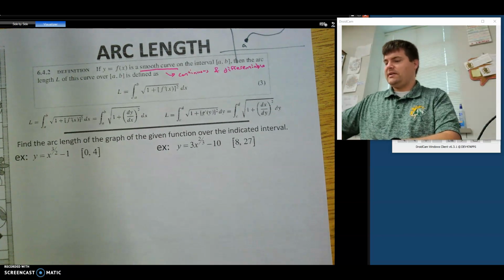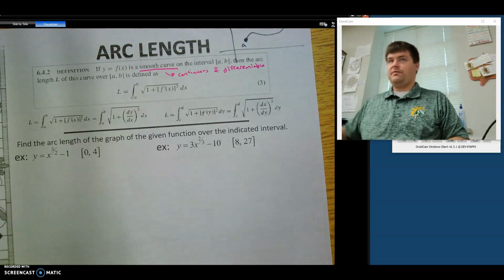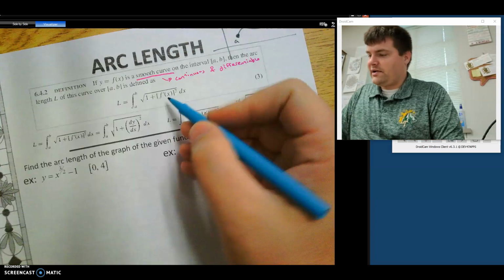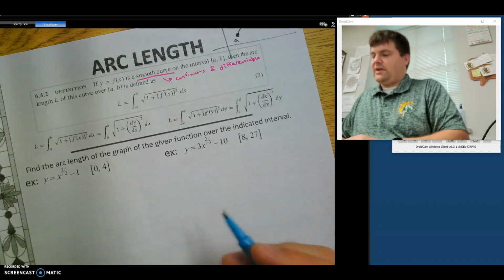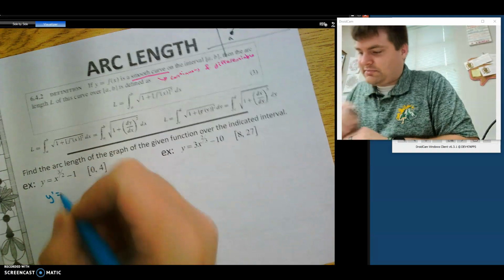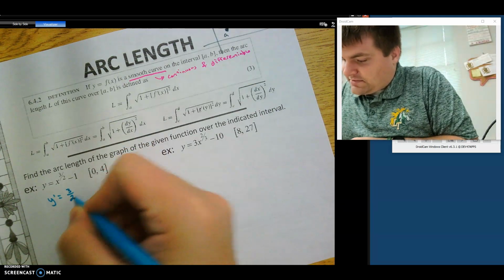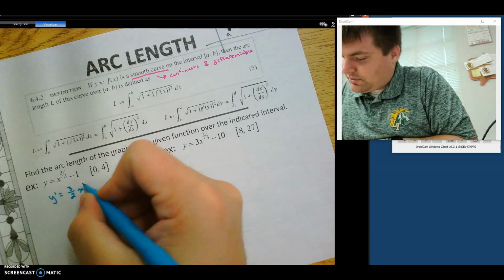So let's go ahead and find the arc length of the graph of the function over the indicated interval. So what I'm going to do here is I want to find out what the derivative is and then square it, and then I'll plug it in. So I just do it a little bit differently than maybe some other people do. So I'm going to find the derivative. So y prime is going to be equal to 3 halves x to the 1 half, because you subtract 1.